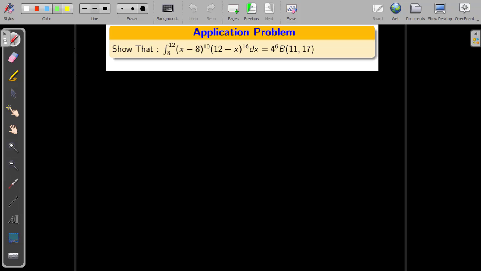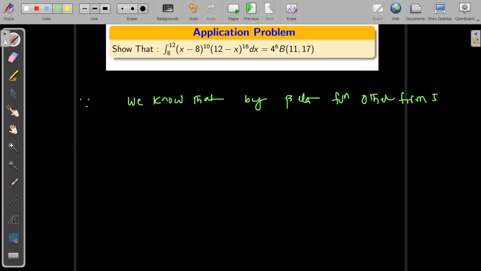To prove this result, one can remember the statement of beta function, other form, phi.